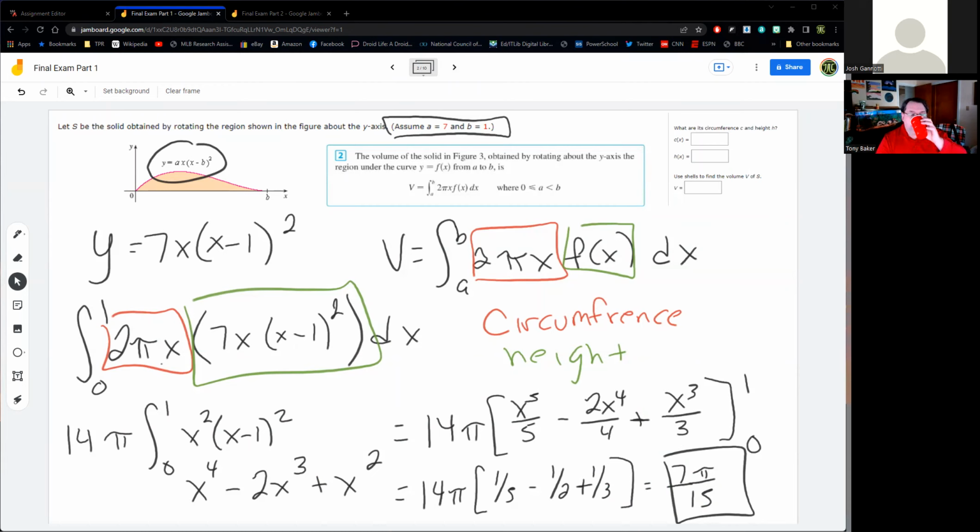Any questions or issues with those? Those are the only two questions from chapter 6. You're going to have to do one disk, one cylinder method for volume.